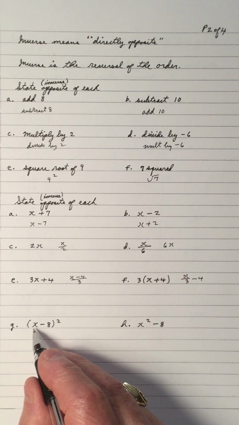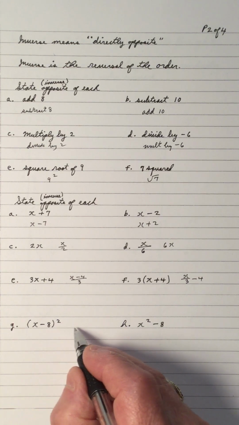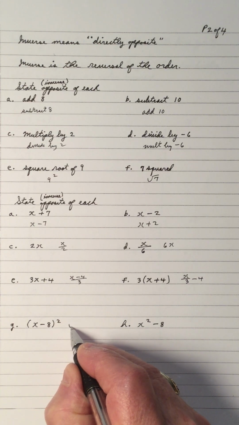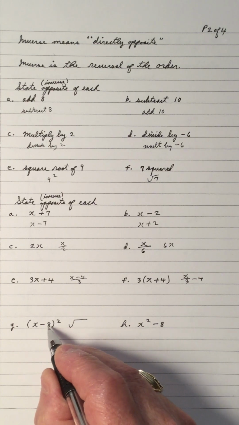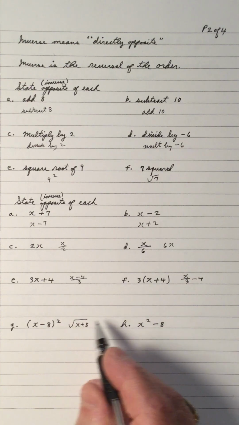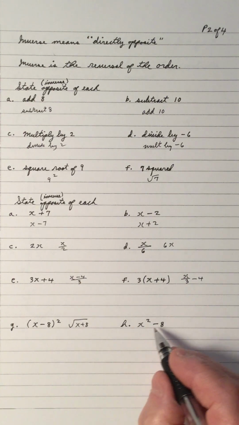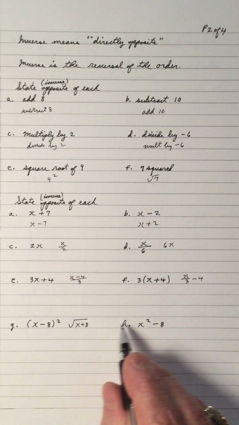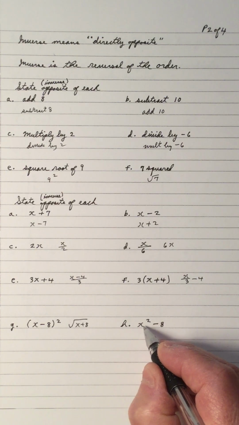G, we want to again solve for the x, so because it's in the bracket we would have to do the square root. The opposite of a square is a square root, and the opposite of subtract 8 is plus 8. So that's the inverse: square root of x plus 8. And here, very similar, g and h are very similar, only x is by itself.